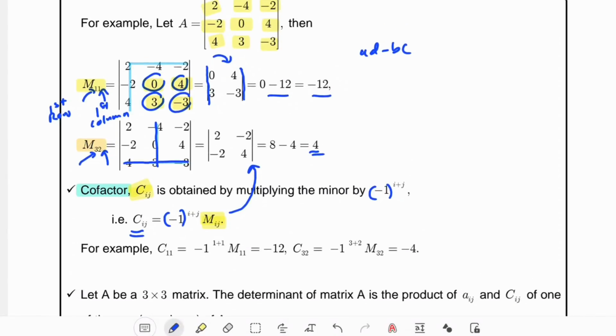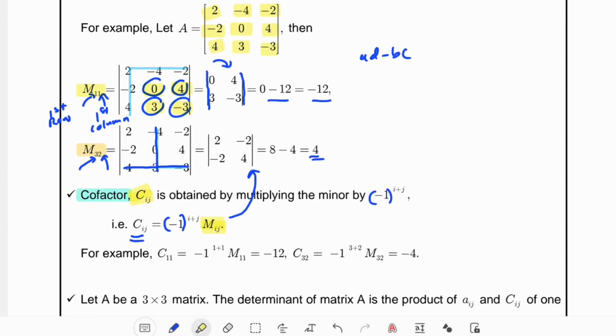Okay, for example, if the question asks to find the cofactor of 1, 1. So, cofactor of 1, 1 means the cofactor for the entry of the first row and the first column. What you need to do is multiply negative 1 to the power of i plus j. The value of i is the first part, and j is the value for the second part.